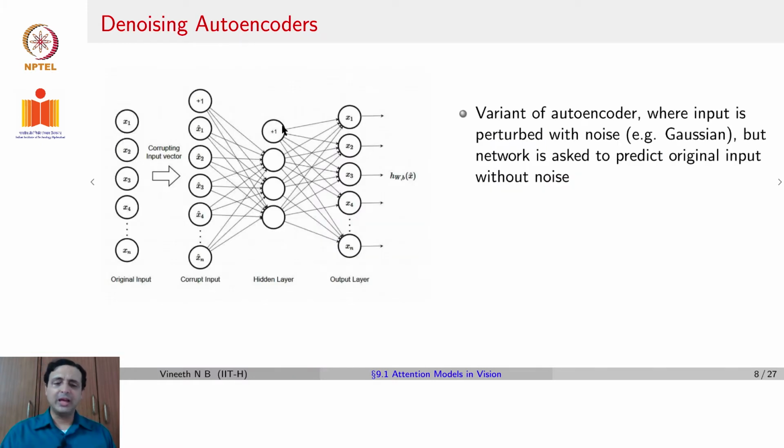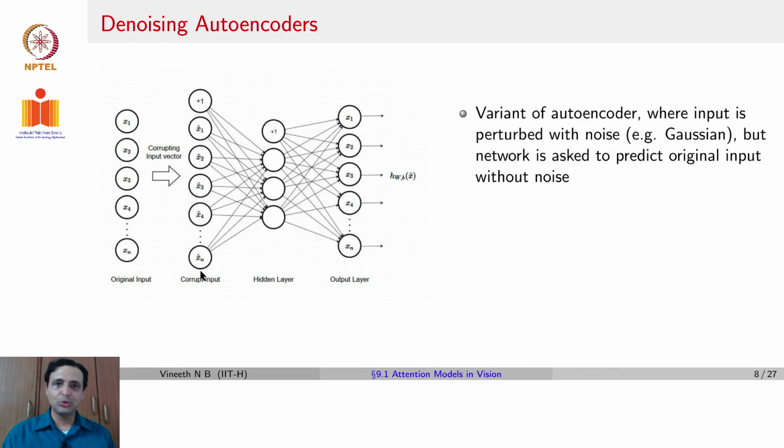Just to understand a variant of the autoencoder, a popular one is known as the denoising autoencoder. In a denoising autoencoder, you have your input data. You intentionally corrupt your input vector. For example, you can add something like a Gaussian noise and you would get a set of values x1 hat to xn hat. So those are your corrupted input values.